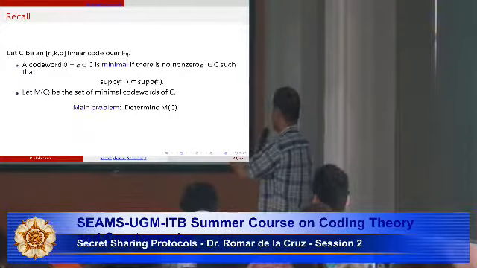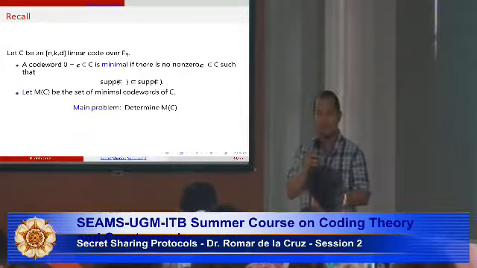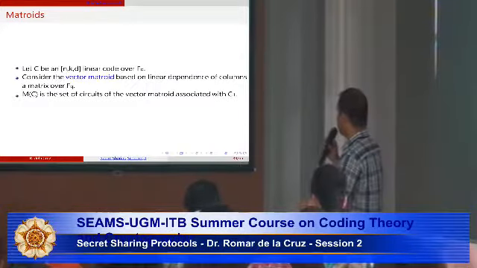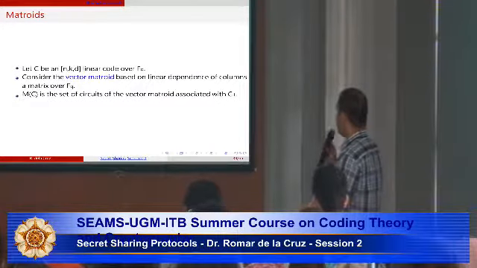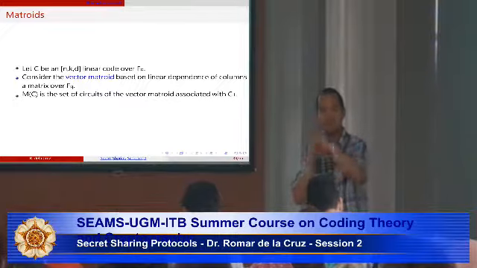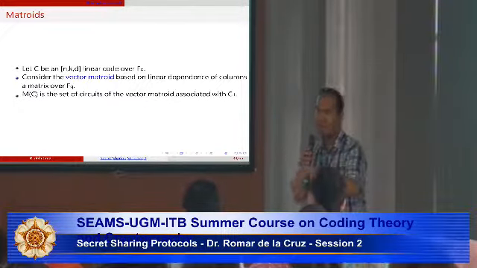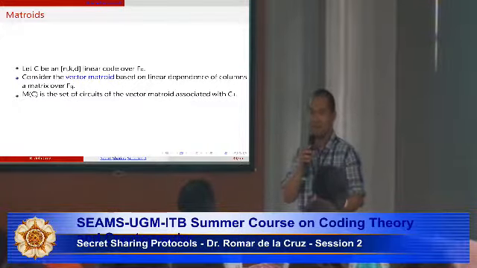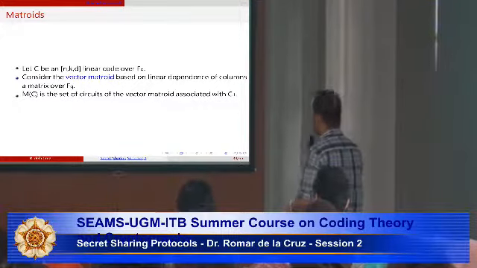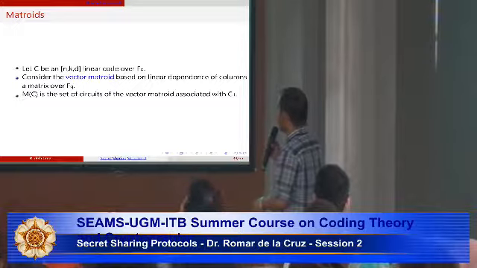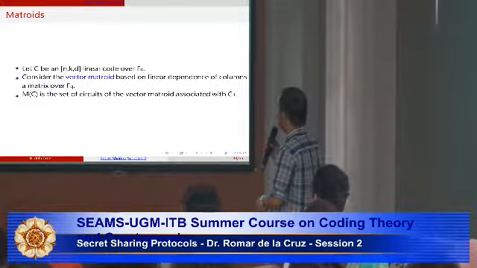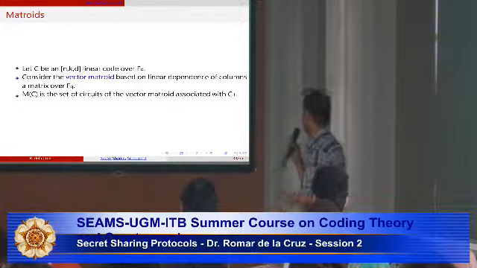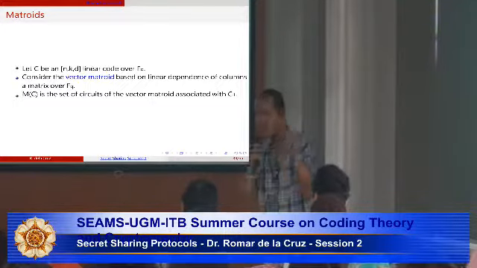Okay, so let's go back to matroids. If you have a linear code C, you take a generator matrix of C. You remember if you have a matrix, you can form a matroid, the vector matroid. So for a linear code, there's a corresponding vector matroid, based on the linear dependence of columns of the generator matrix.